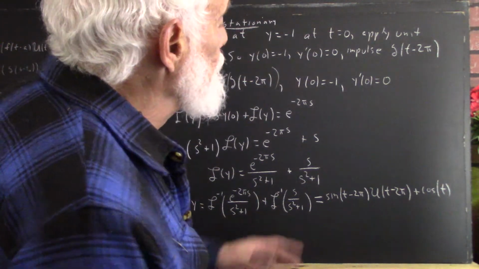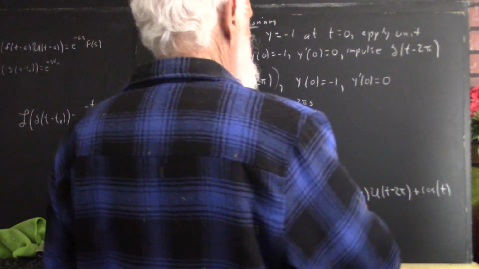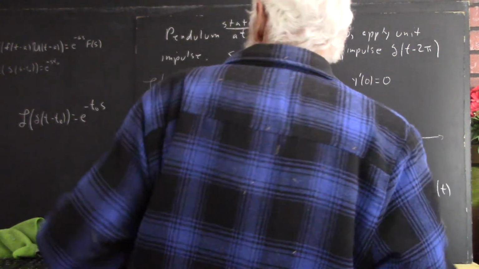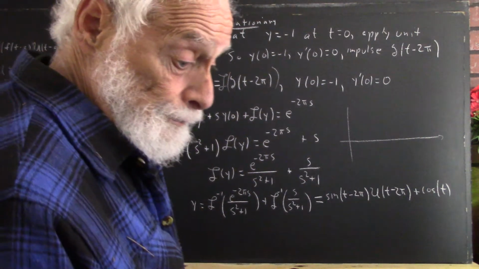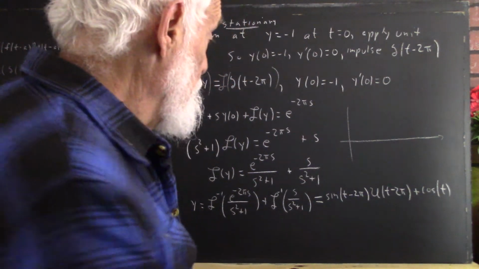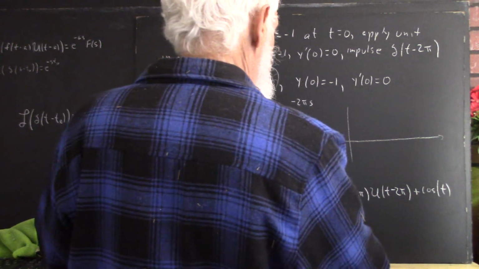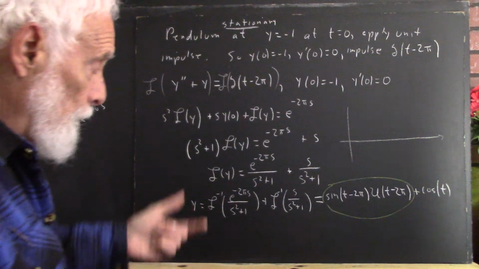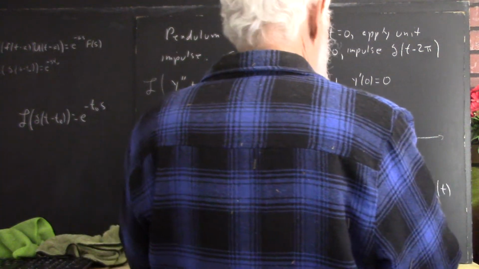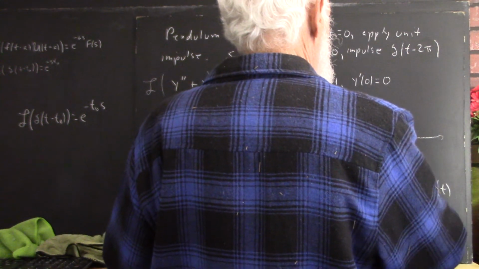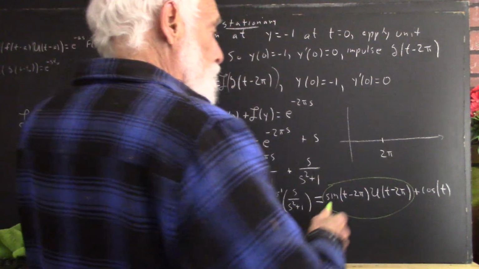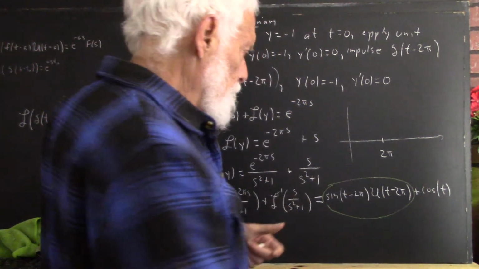Okay, so what's this look like? Well, without doing too much with the translation, let's color code things a little bit. The sine of t minus 2 pi, u of t minus 2 pi, is going to come out here at t equals 2 pi.